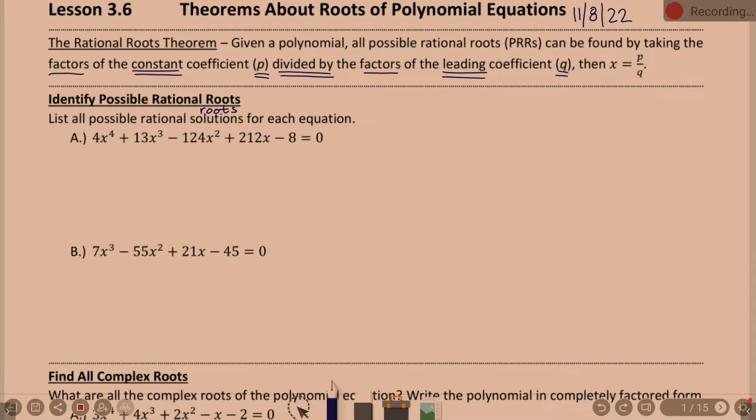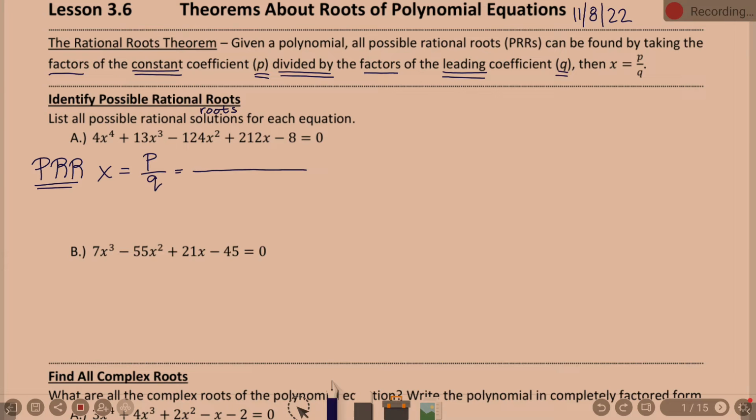So notice, in order to do this, I'm going to label this as PRRs, and it said it was P over Q. I'm putting that notation in there because you sometimes see that. So x equals P over Q, where P are factors of the constant coefficient.